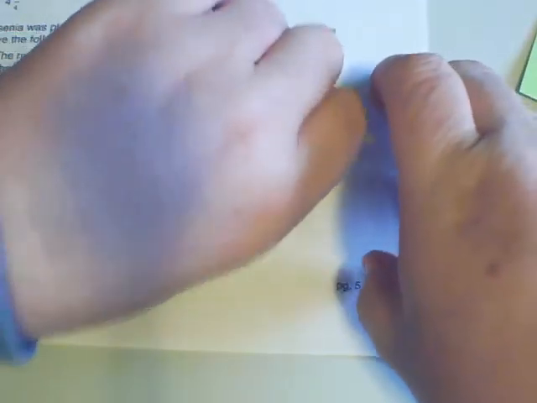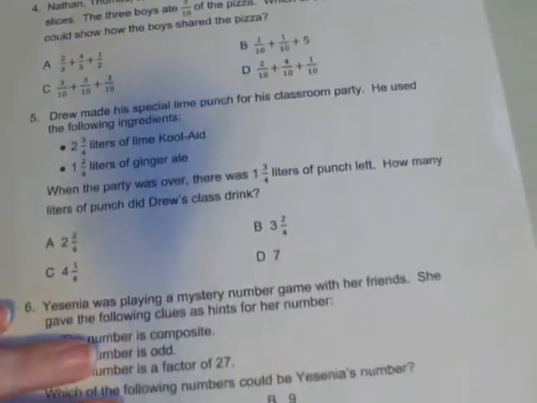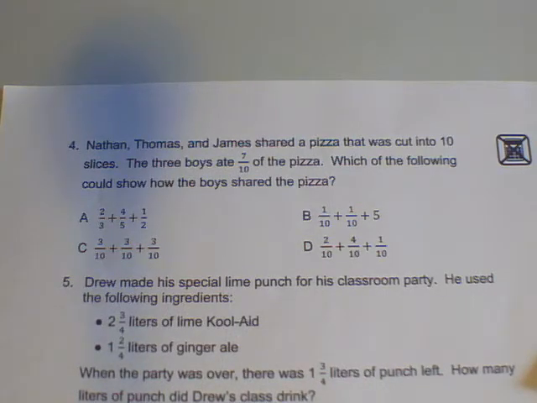Let's look at number 4. Number 4 says, Nathan, Thomas, and James shared a pizza that was cut into 10 slices.